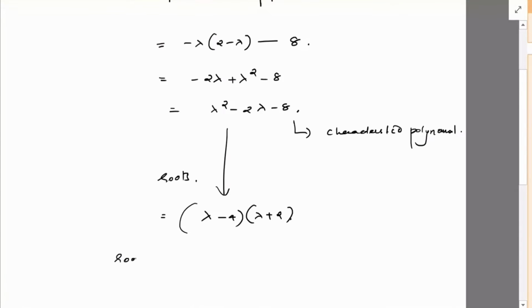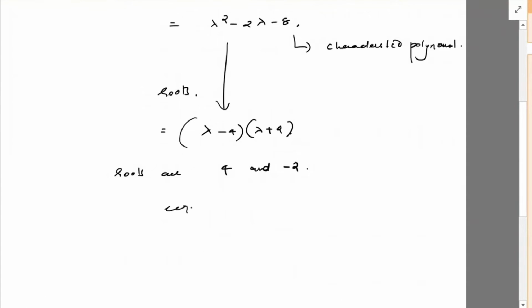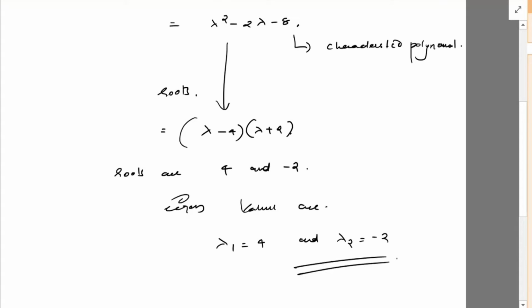So roots are 4 and minus 2. So the eigenvalues are lambda 1 equal to 4 and lambda 2 equal to minus 2. These are the eigenvalues of the given matrix.